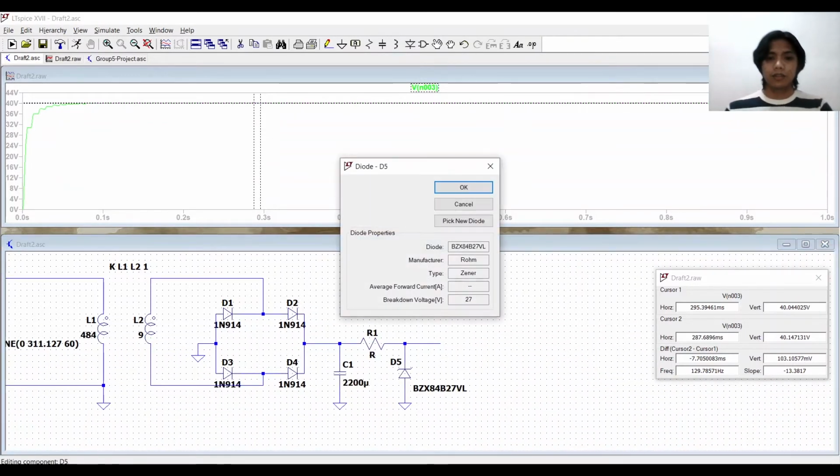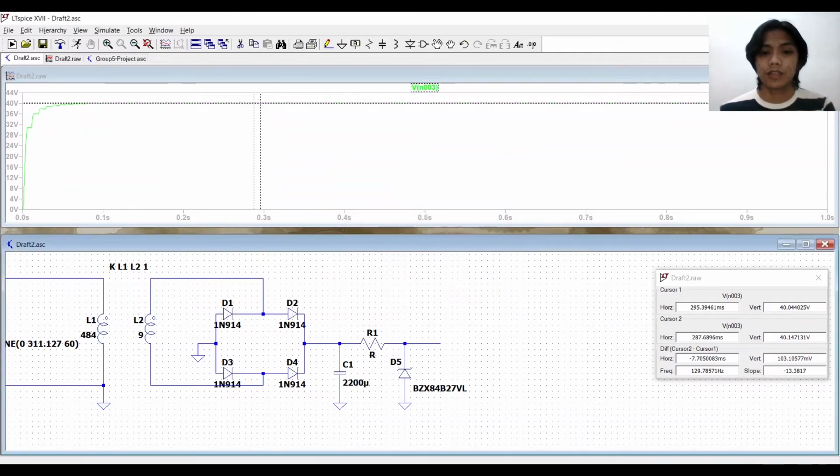So this Zener diode is rated at a breakdown voltage of 27 volts, meaning to say that it will regulate voltage at 27 volts. However, the voltage level that we want is 26 volts. So what the group decided to do is to attach a voltage divider circuit to the side of this Zener diode.